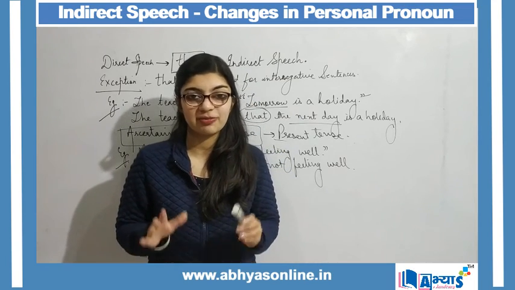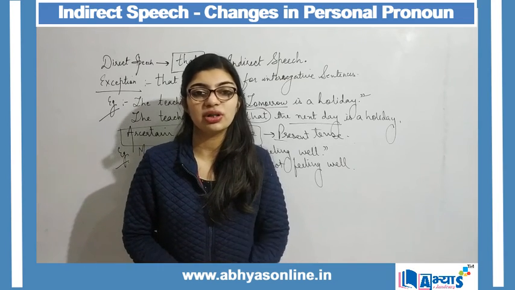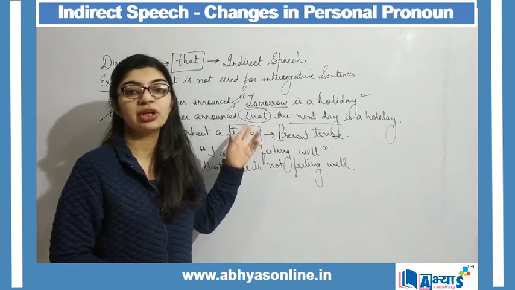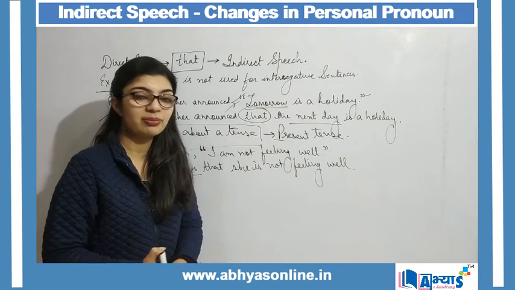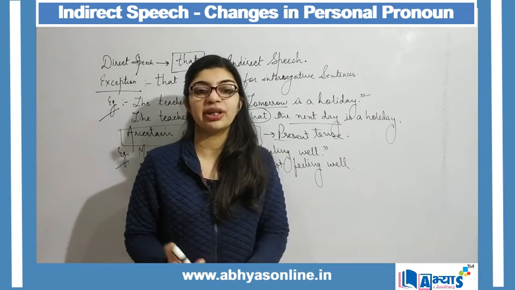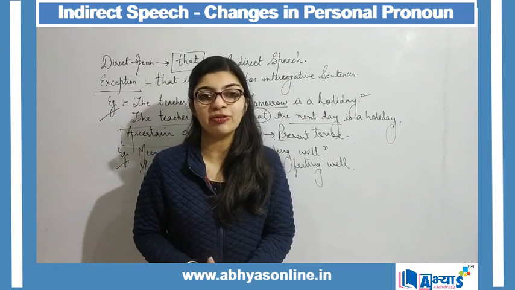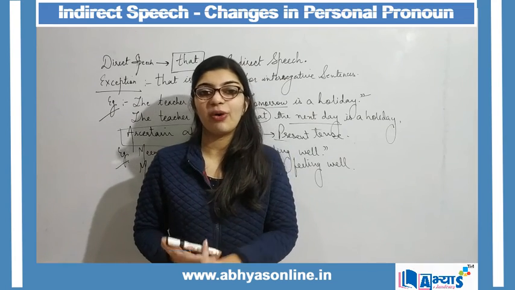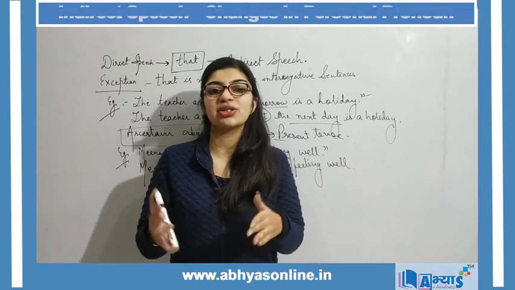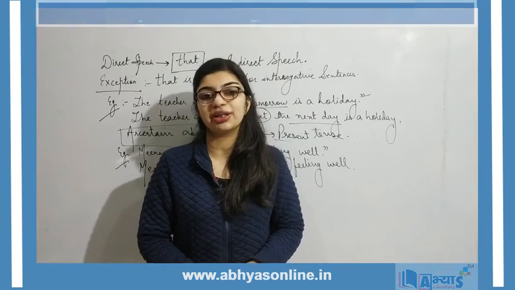Now, in this particular section, we talked about the changes in pronouns. Then we further talked about the types of pronoun. It can be nominative, objective, possessive adjective or possessive pronoun, and it changes according to the usage of pronoun in the sentences.